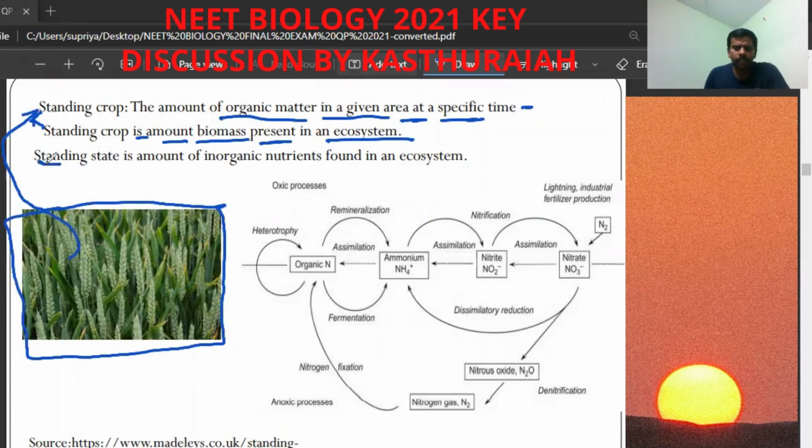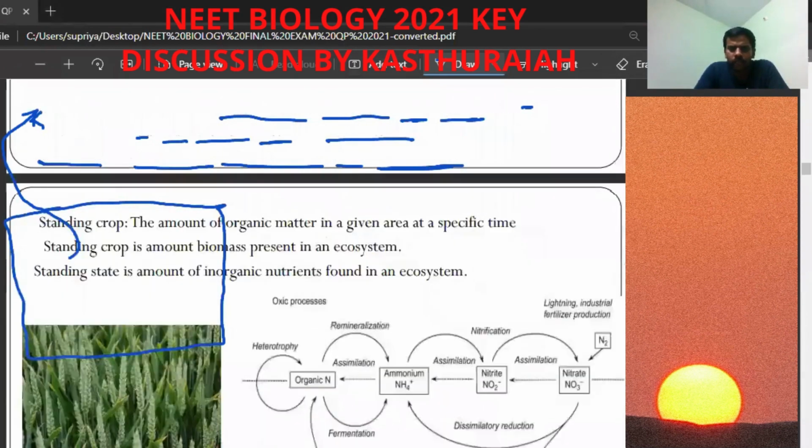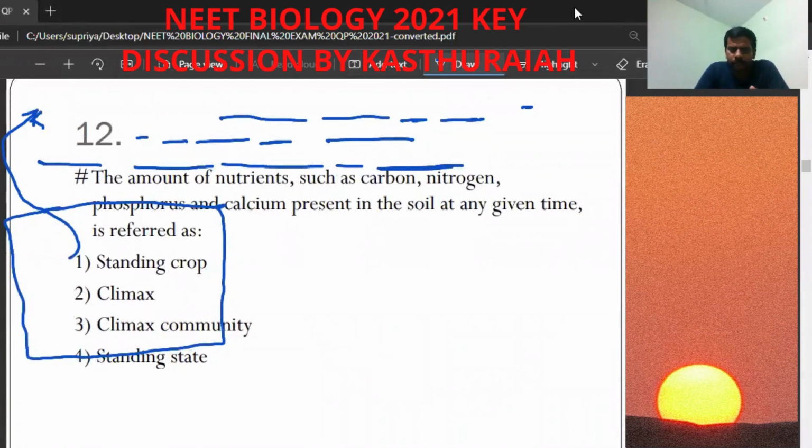Now see, the standing state is the amount of inorganic nutrients found in an ecosystem. For example, as we've seen previously in the options, carbon, nitrogen, phosphorus, calcium, sodium, and their amounts in a particular ecosystem, generally soil, can be called a standing state.